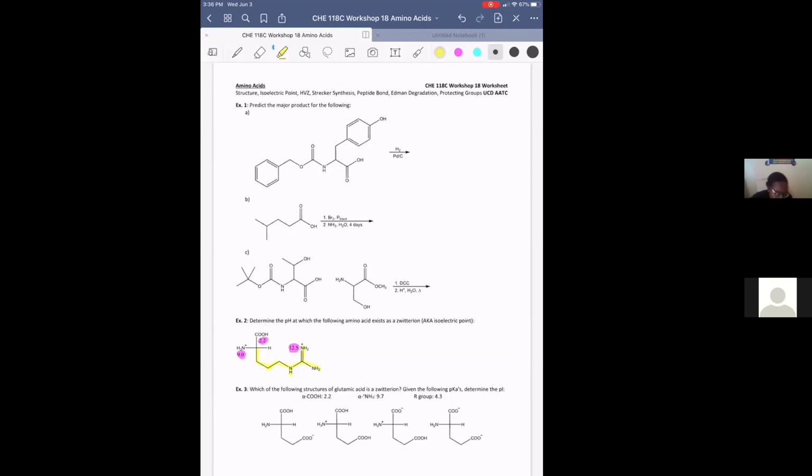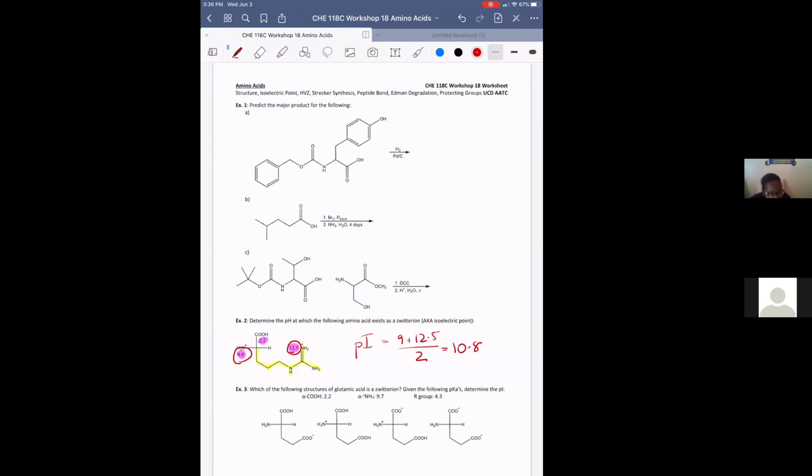To calculate the PI, we want to select the pKa's that are closest together. In this case, our PI should be equal to 9 plus 12.5, and we take the average of these pKa's, so that would be 10.8.